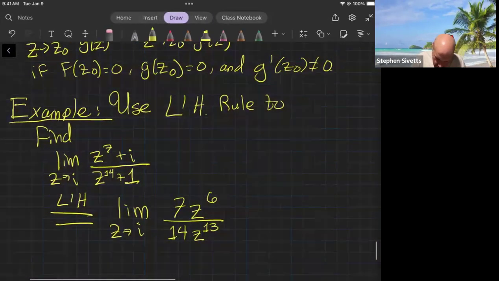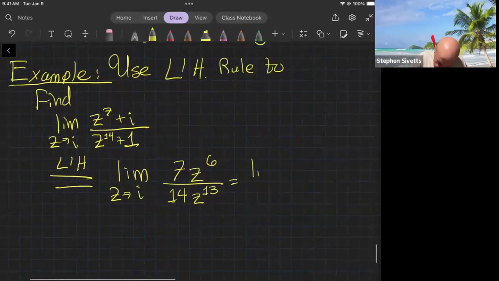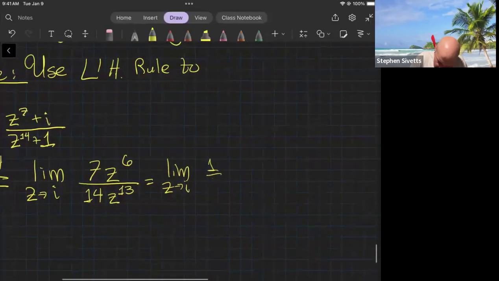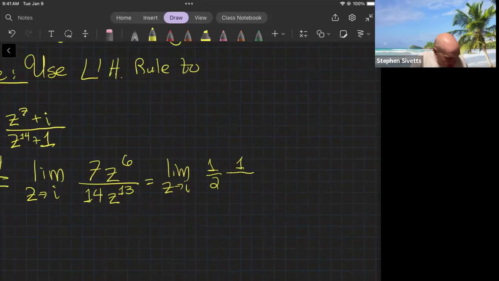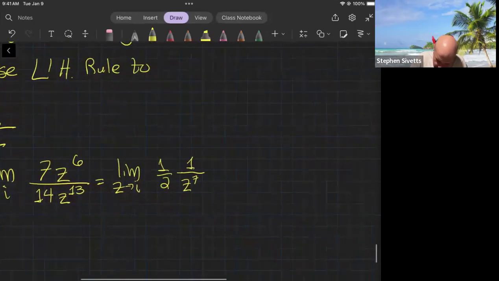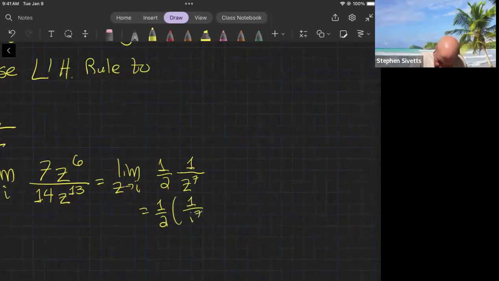This equals the limit of 1/2 times 1 over z to the 7th, which equals 1/2 times 1 over i to the 7th.